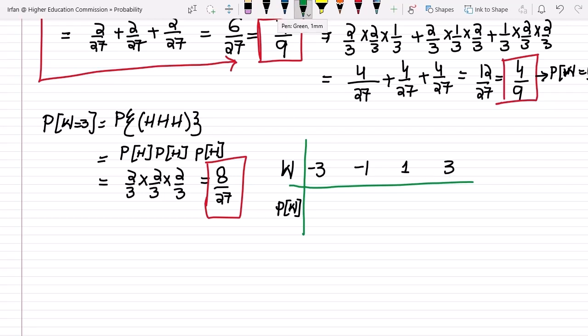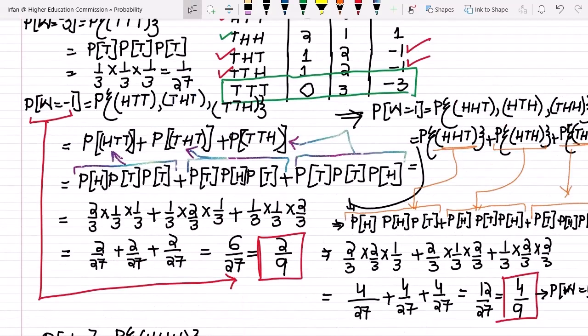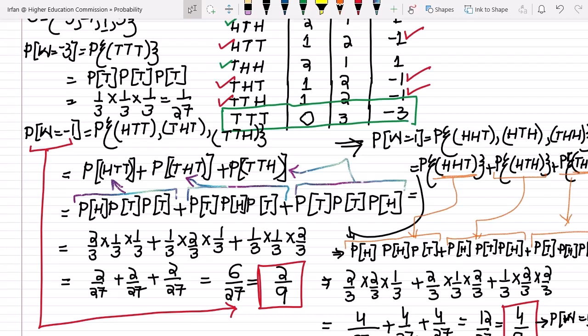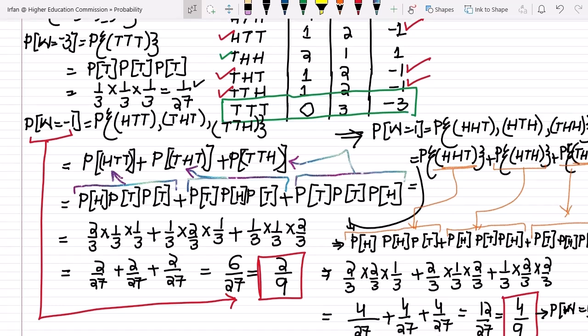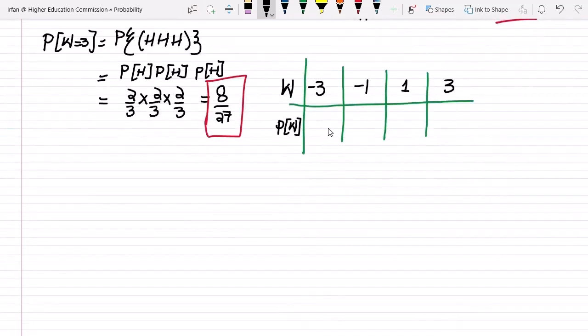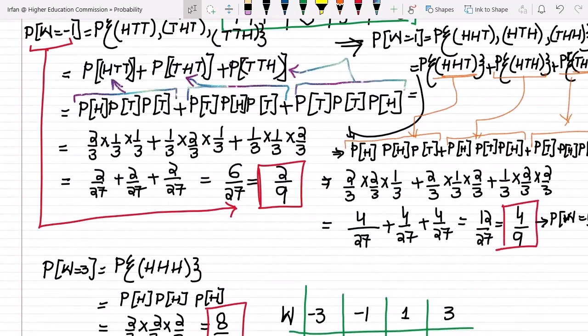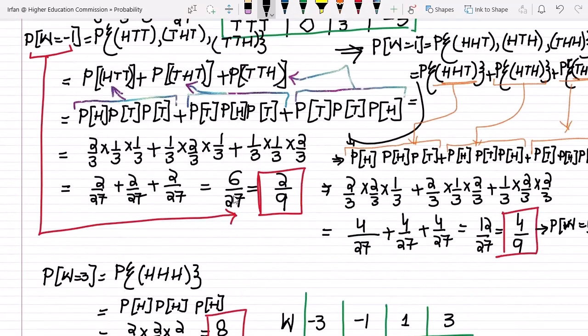The probability of -3 was 1 by 27. The probability of -1 was 6 by 27.